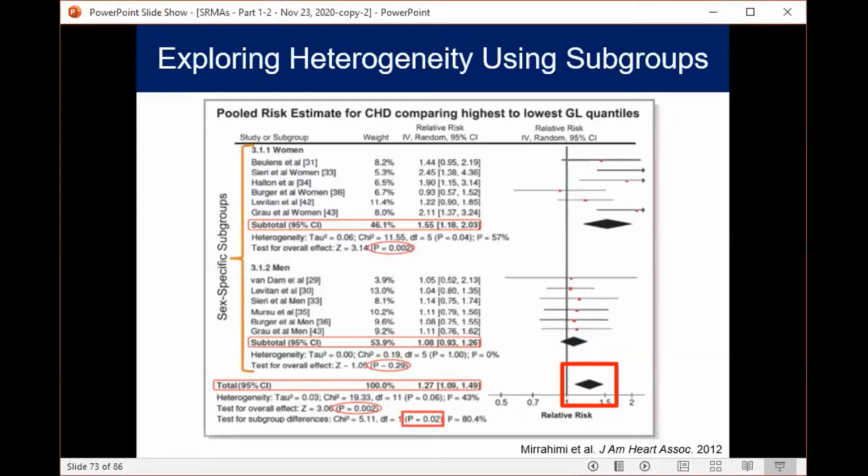The overall effect, depicted by the diamond at the bottom of the forest plot, demonstrates that with all studies taken together, there is a significant effect of increased risk of CHD. The heterogeneity is significant with an I-squared of 43%, which I've highlighted in this purple box here, and it's considered moderate variability.